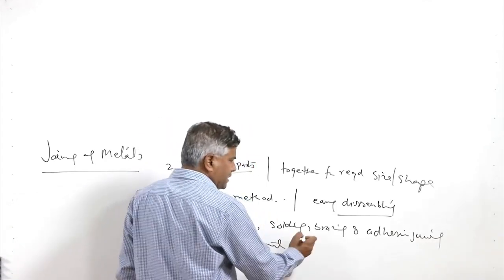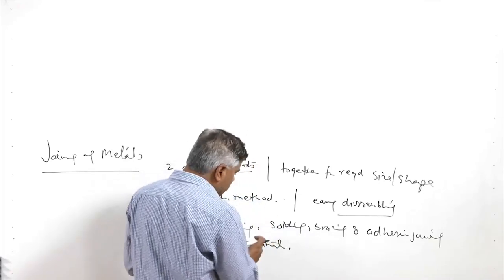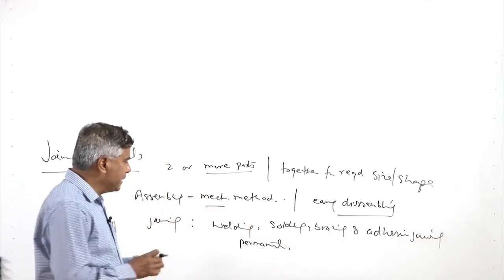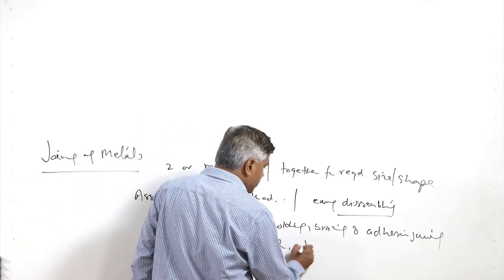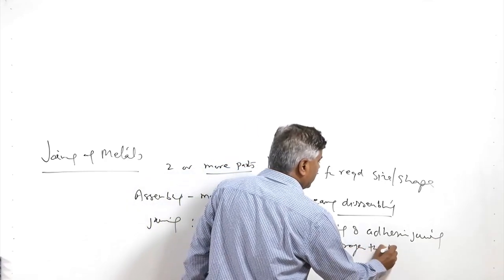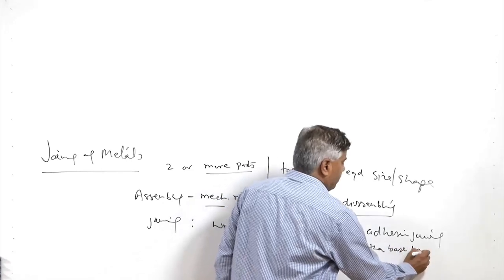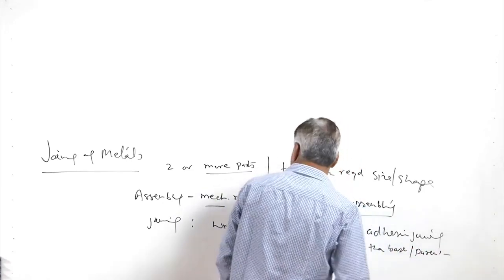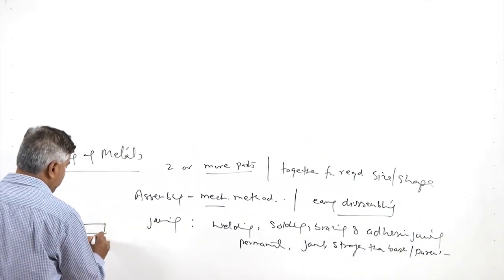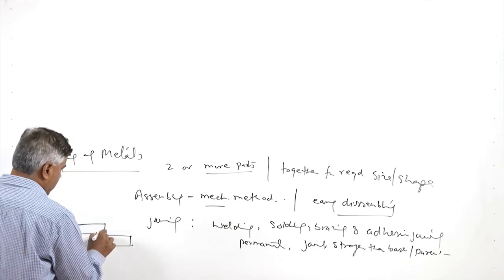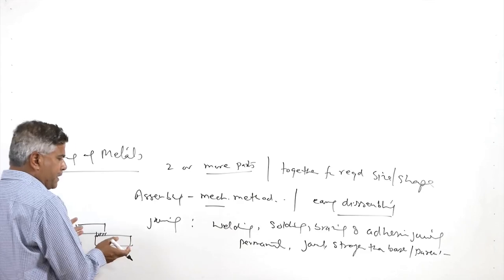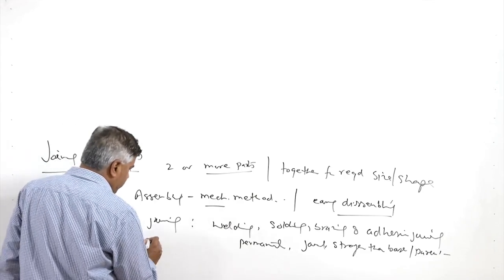Another thing is that the proper selection of the metal or the filler metal for the welding purpose can lead to a joint even stronger than the base or parent metals. So, for example, in brazing and soldering, the weak material is used at the interface.